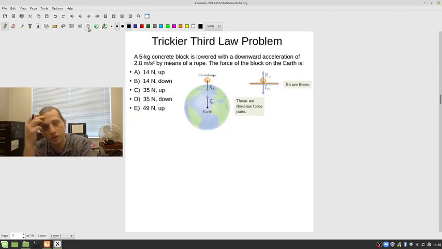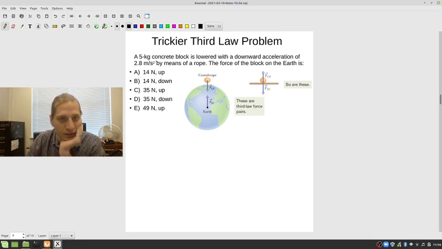Here's a little bit of a trickier third law problem because it has a tiny bit of flarf in it. Remember, my idea of flarf is that there's a lot of information that you're given that is not useful, that is out there to confuse you. And my assertion is that most of contemporary life is filled with flarf. Okay, and in fact, this question has flarf in it too.